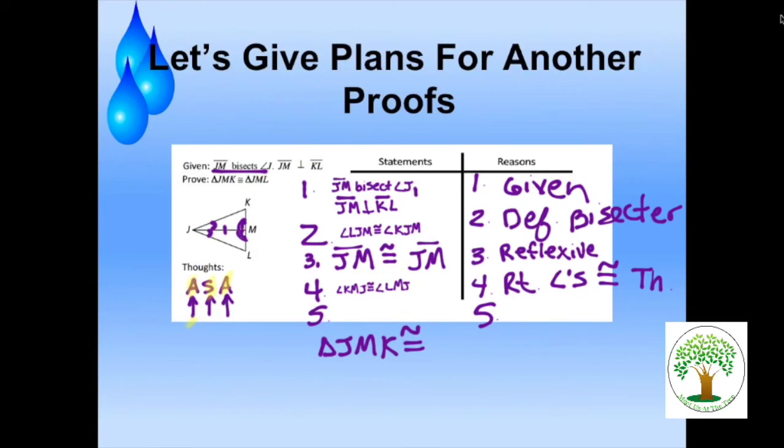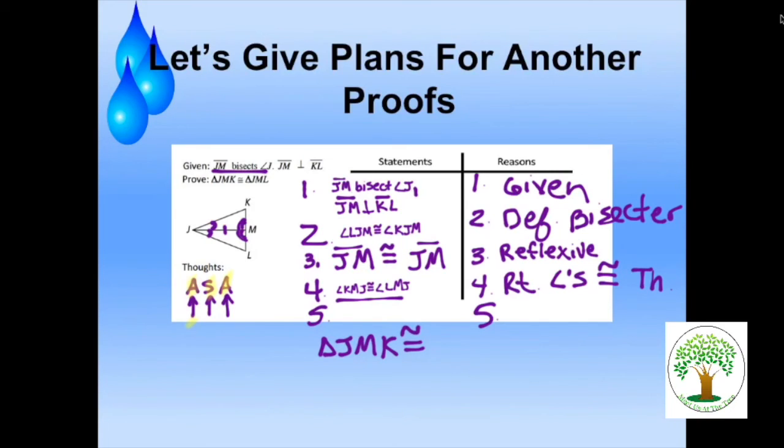If you look at 4 and then what we have for 5, do the angle letters have to be in the same order? It's okay that they're different, but if I had stated number 4 as angle JMK, that would have been fine as long as I did JML.